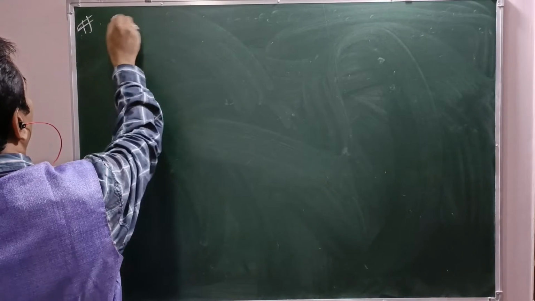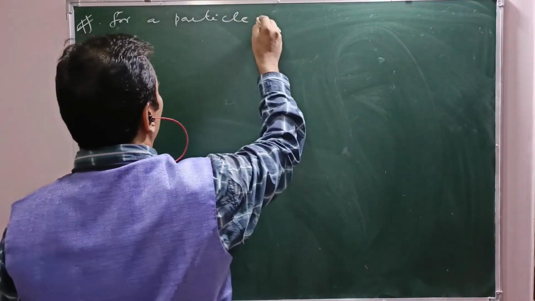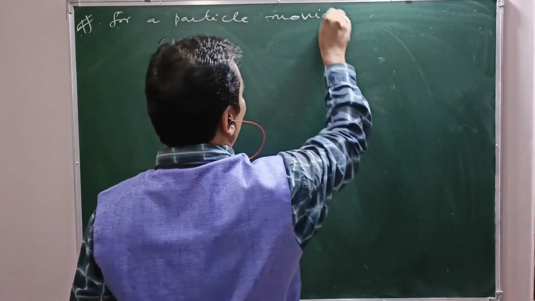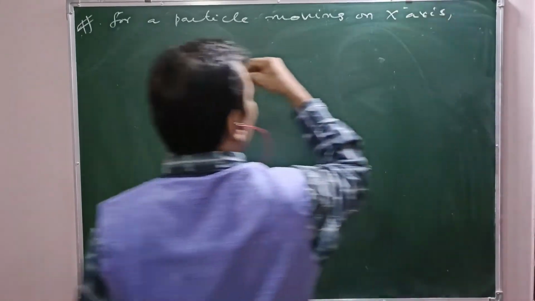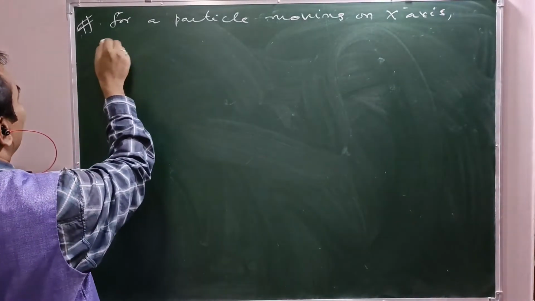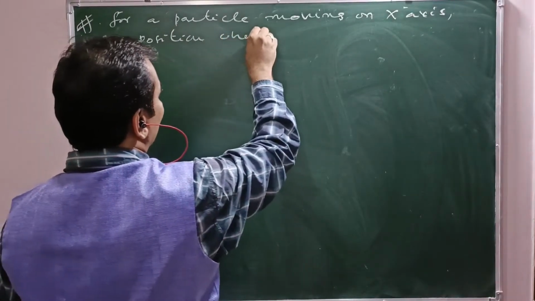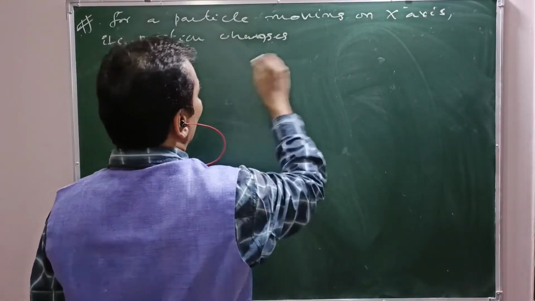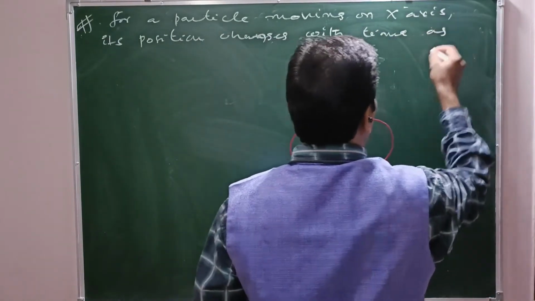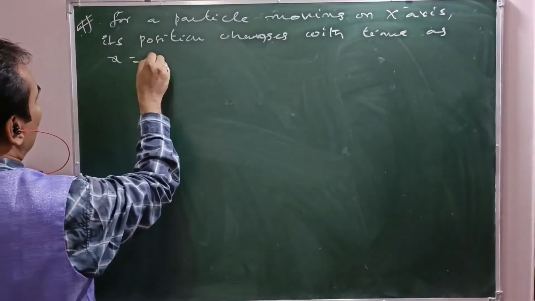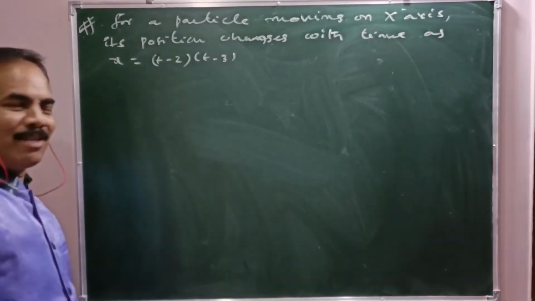For a particle moving on the x-axis, its position changes with the time as x equal to t minus 2 into t minus 3.